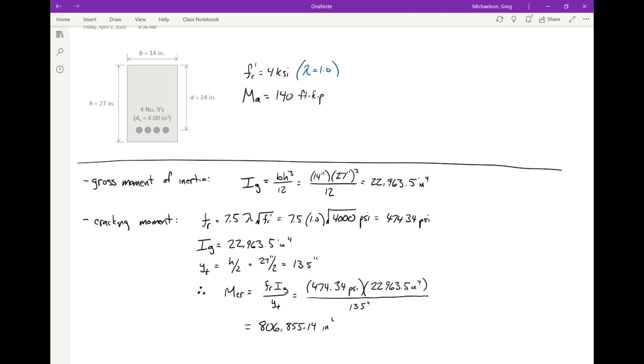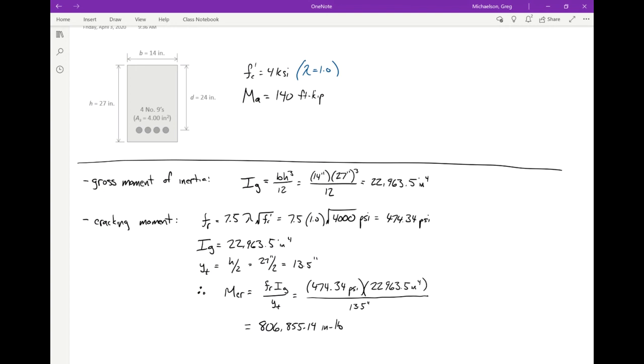When you plug and chug the value, it's a pretty big number: 806,855.14. Now, this is a moment. When you looked at the expression, you plugged in pounds and inches. So because this is a moment, this is inch pounds.